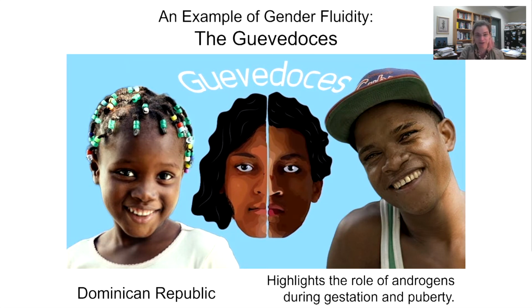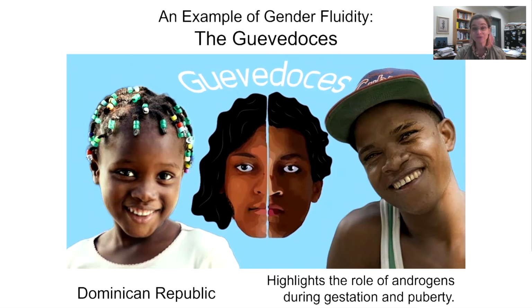These individuals don't stay intersex. They often identify then as men after they go through puberty. So they may or may not have identified as girls or been comfortable with that identification. But then after puberty, they generally identify as men. So you have this fluidity going on.